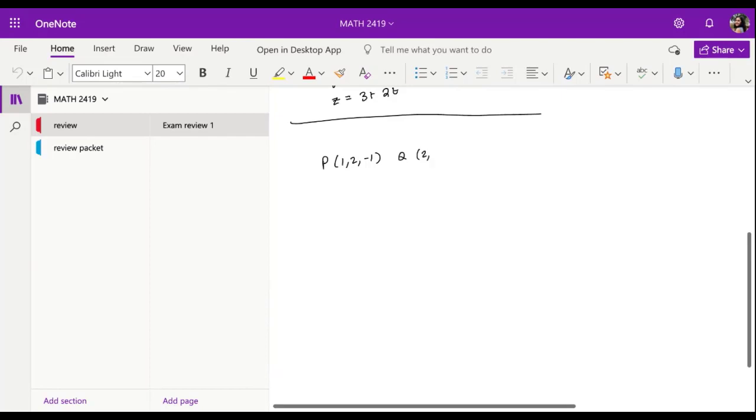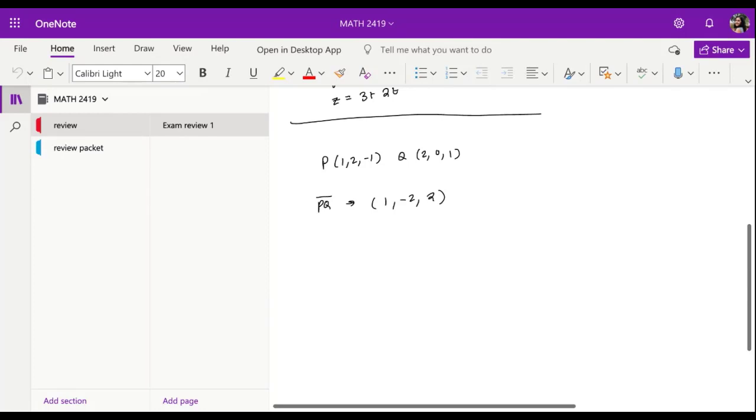So to form line PQ, we can simply subtract. And so we would get 1, negative 2, and 2. And then you can use any of the points to come up with the parametric equation for this. So to solve for the parametric equations, we can use point P, which is 1, 2, negative 1.